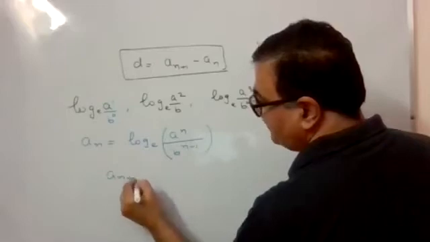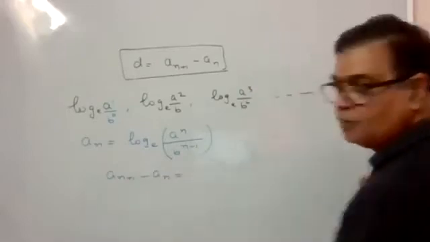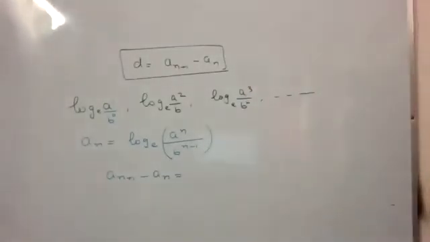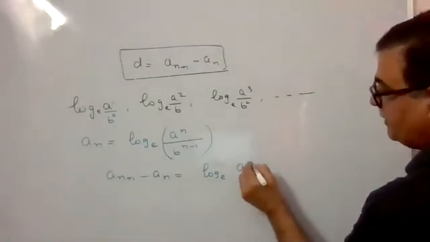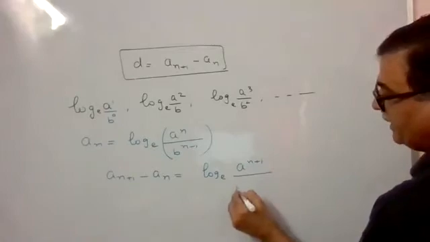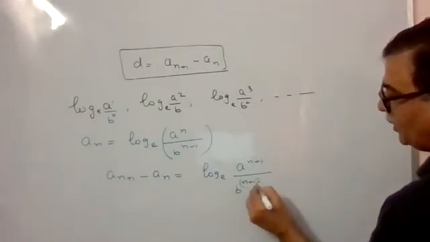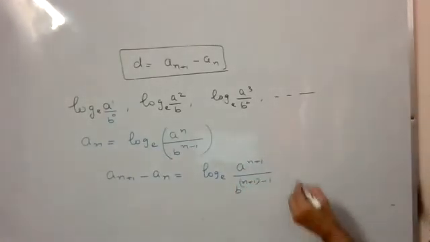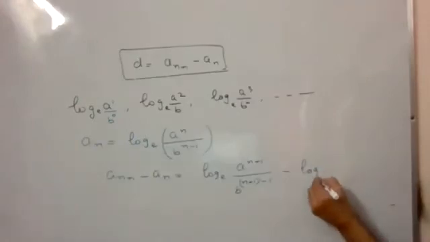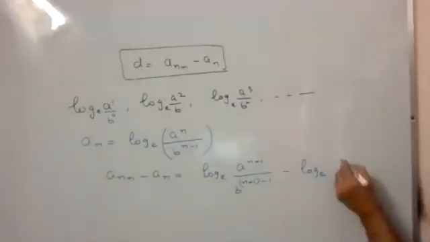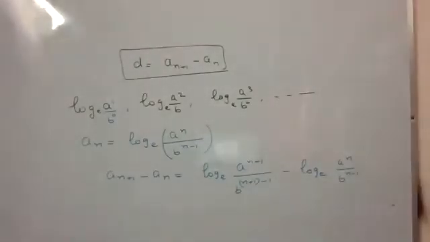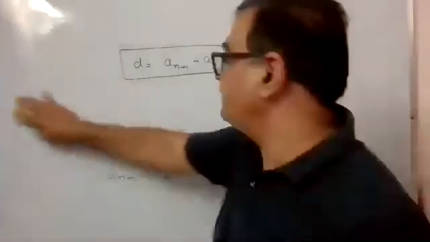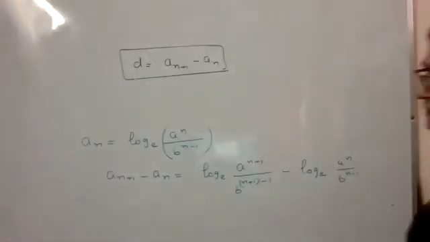So an plus 1 minus an will do. an plus 1 क्या बनेगा भाई, log of a power n plus 1 by b power n plus 1 minus 1, minus log of क्या आएगा, a power n by b power n minus 1. अब ये क्या बन गया आपका, log a minus log b.